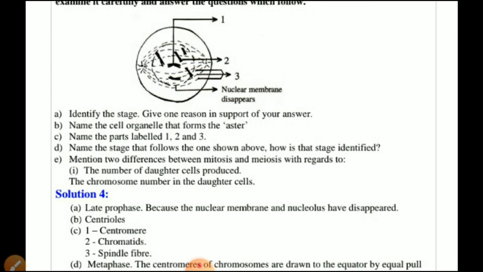The given stage is late prophase because the nuclear membrane and nucleolus have disappeared. Question B. Name the cell organelle that forms the aster. Centrioles. Question C. Name the parts labeled 1, 2 and 3. 1 is centromere, 2 is chromatids, 3 is spindle fiber.